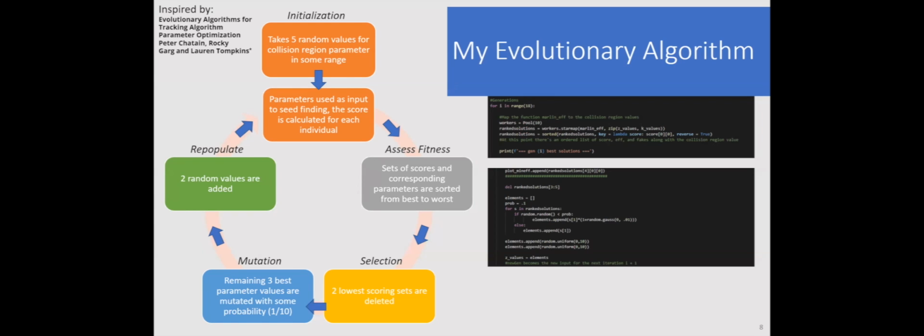It was 1/10, and that mutation wasn't a large mutation. It was around the order of 0.01, I think. And then added 2 random values back in to make the population 5 again. Then you can just put that back into the cycle, and you can keep doing that for many iterations.